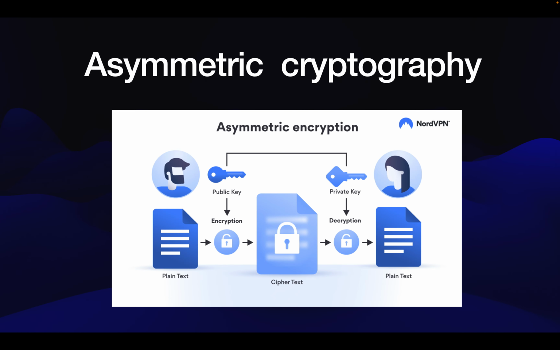Next is asymmetric cryptography. Asymmetric cryptography involves a public and private key. You take a plain text and a public key, you encrypt that, and you get the ciphertext. You take a private key and decrypt this, and you get the plain text. The public key is at the sender end, and the private key at the receiver end. It's like WhatsApp.